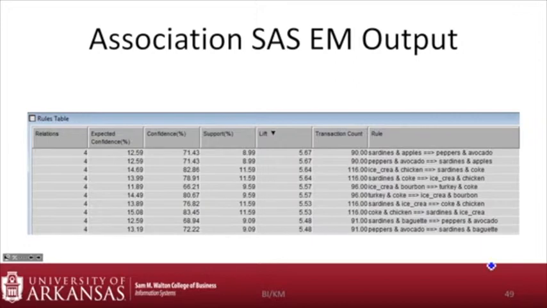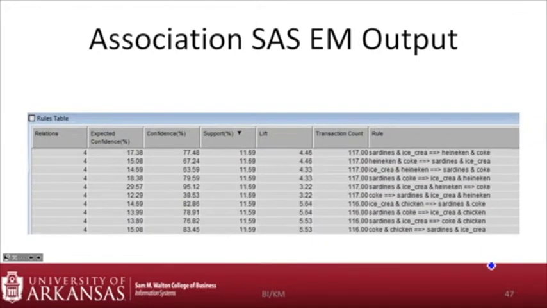Did you explain the expected confidence again? No, apparently I don't have any clue what that means. So the expected confidence, the way we were calculating it was the amount of times that we see the consequence, Heineken and Coke, out of our total number of transactions.